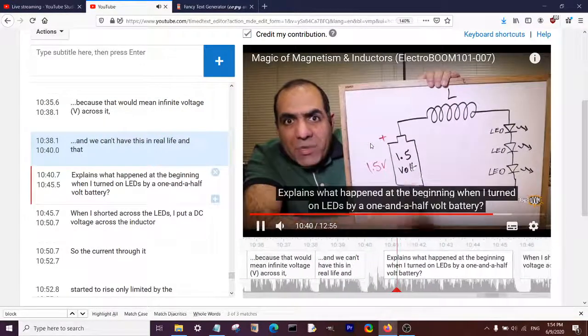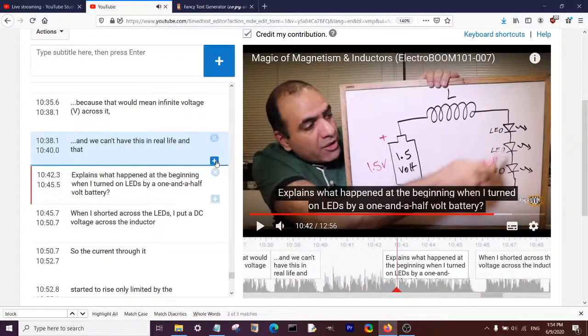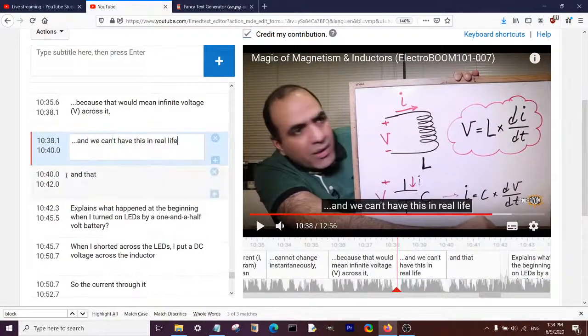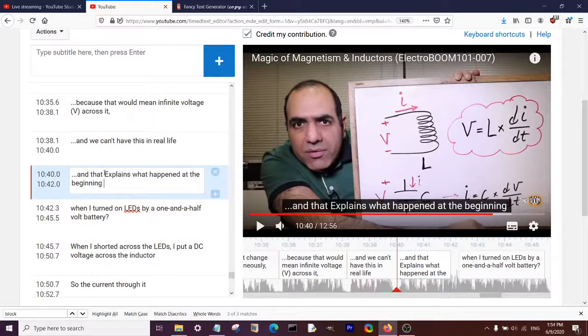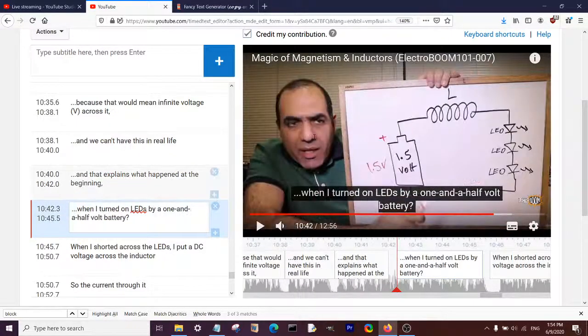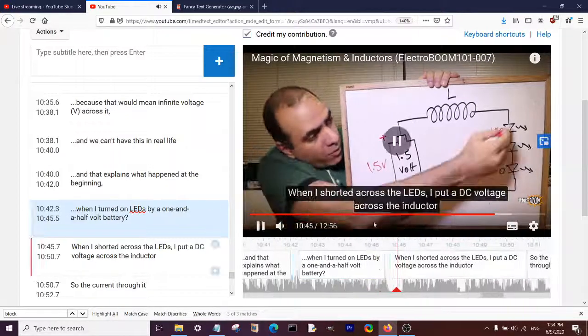And that explains what happened at the beginning when I turned on LEDs by a 1.5 volt battery.